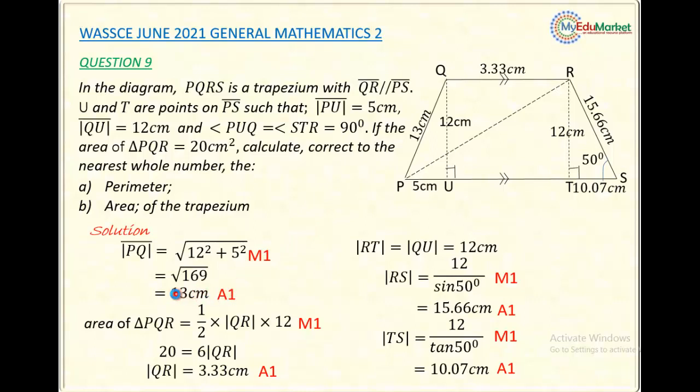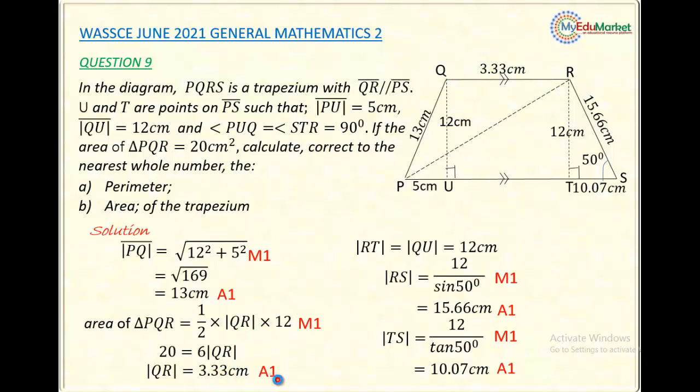When you get the length of PQ accurately as 13 centimeters, you have that A1 mark. The next mark is where you use the area of a triangle in an attempt to get the length QR. Substituting in that formula for area of a triangle, you have the method mark. And when you get the length QR, meaning the base of the triangle, accurately as 3.33 centimeters, you have the A1 mark.